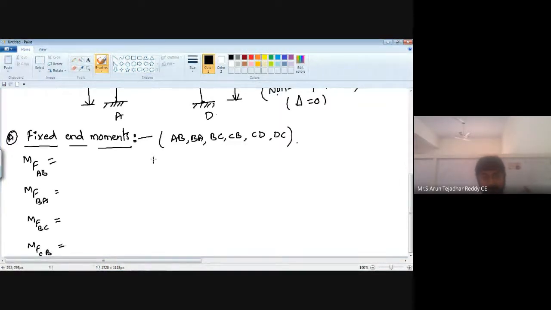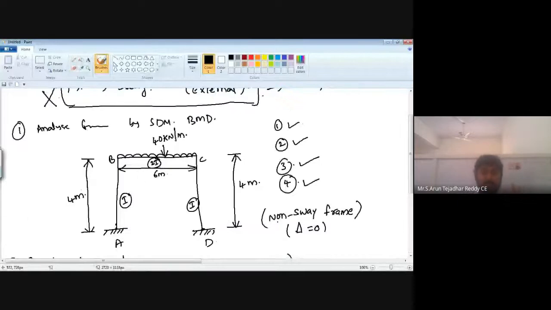Next, fixed end moment for CD, fixed end moment for DC. Now, first is AB and BA. See, we have some formulas.